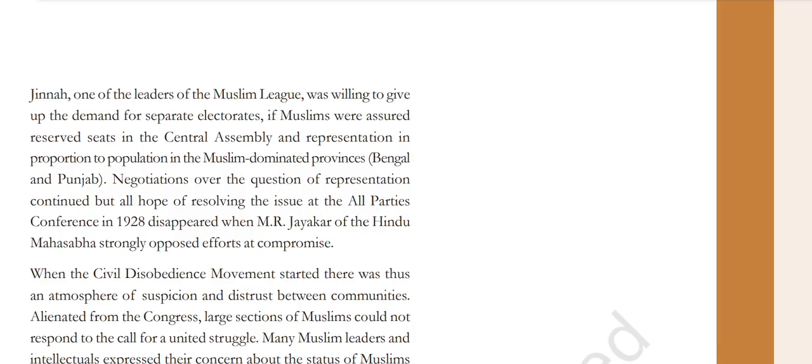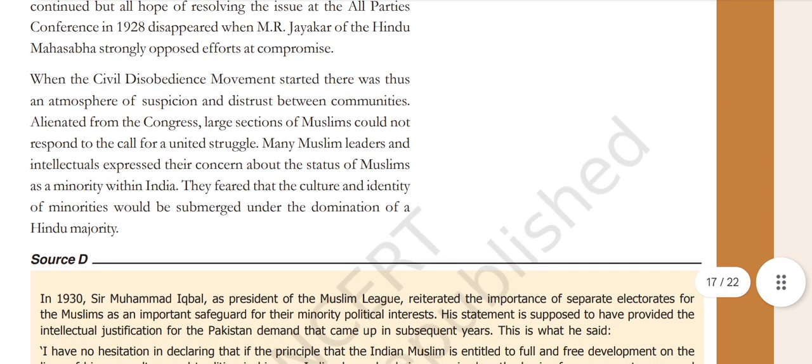Negotiations over the question of representation continued, but all hope of resolving the issue at the All Parties Conference in 1928 disappeared when M.R. Jayakar of the Hindu Mahasabha strongly opposed the efforts at compromise. When the civil disobedience movement started, there was thus an atmosphere of suspicion and distrust between communities.